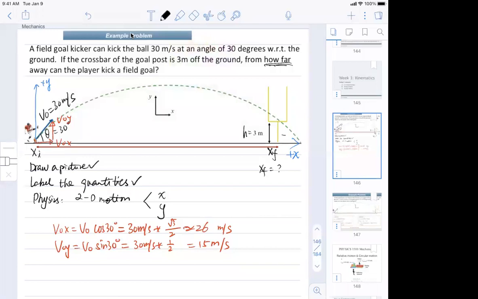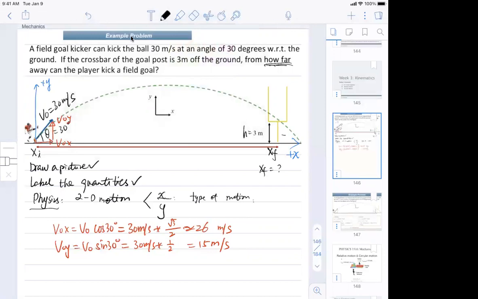Going back to our physics, the motion in x, you still remember the type of motion in the x direction? What is it? Horizontal, yes, in the horizontal direction. Is it constant velocity or constant acceleration? It's constant velocity, thank you.